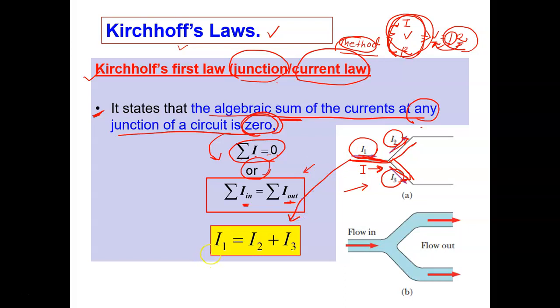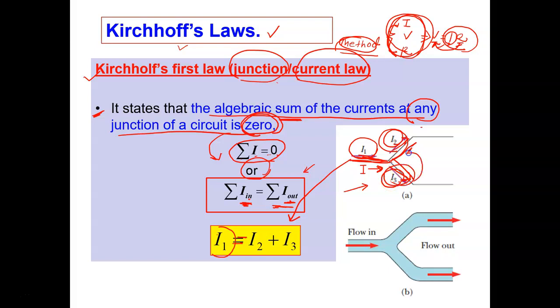So the total of I into the junction, which in this case there is only one current directed towards the junction, which is I1. So I1 is equal to the total of I out from the junction. In this case, there are two currents out from the junction, which are my I2 and then my I3.